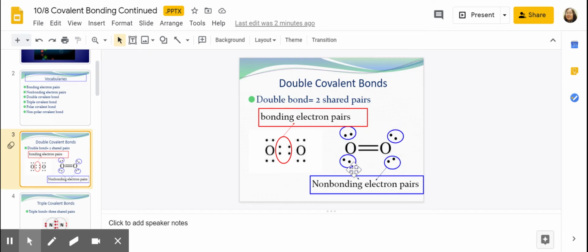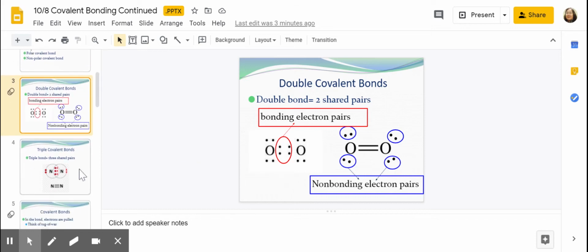So those still belong to each other individually, so we call them non-bonding electron pairs. Okay. So one thing you need to know is they can share two pairs. We call it double covalent bonds. The shared pairs we call bonding electron pairs, and the unshared pairs we call non-bonding electron pairs.